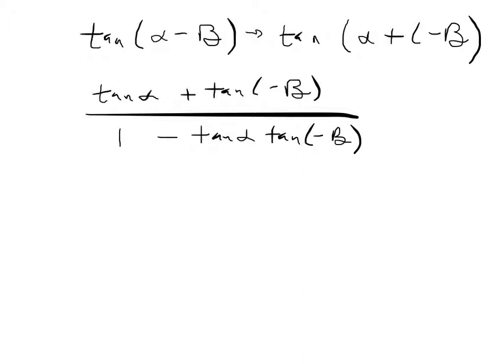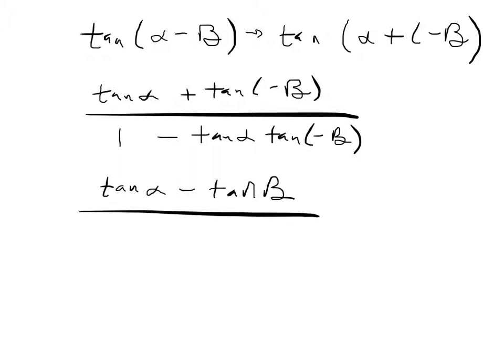We then remember that the tangent of negative beta is negative tan beta, so that's going to be just tan of alpha minus tan of beta over, now if the tangent of negative beta is negative tan beta, remove the negative sign out front, and that's going to give you a 1 plus tan alpha tan beta, and that's your tangent of alpha minus beta.